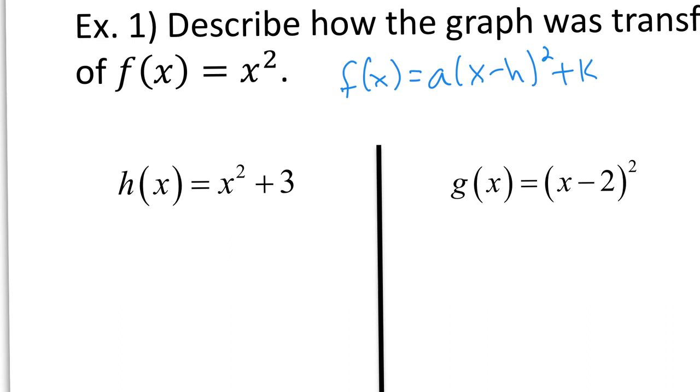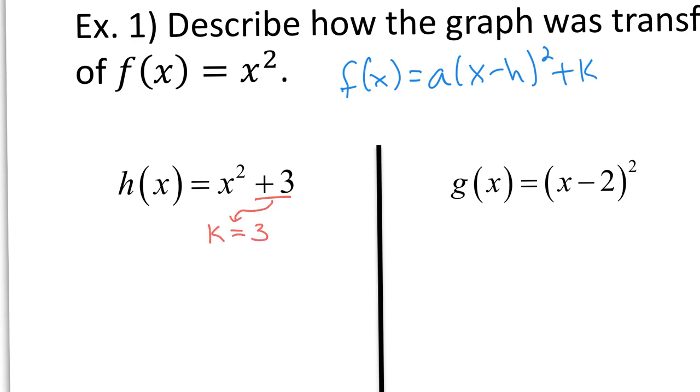So I'm going to compare this one with this one. I don't have any parentheses, so here I don't have h, nothing inside of parentheses. I do have a number at the end. That's your k value. Notice what we have, plus 3 plus k. So this number represents k. So I'm going to put it here, I'm going to underline it, and I'm going to put k equals 3.